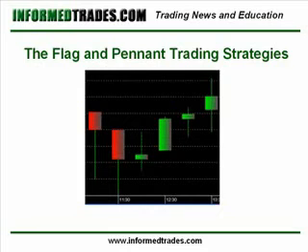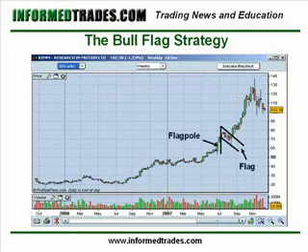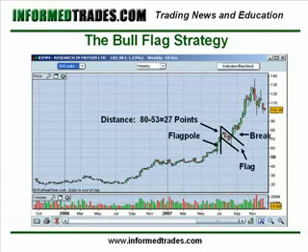So let's look at an example here. We've got our chart of REM up from last lesson, and we have our bull flag there that we looked at in last lesson. We see the break here of the upper resistance line. So that's where we're going to look to get long. The target for the trade is then calculated by measuring the distance between the top of the run-up and the bottom of the run-up.